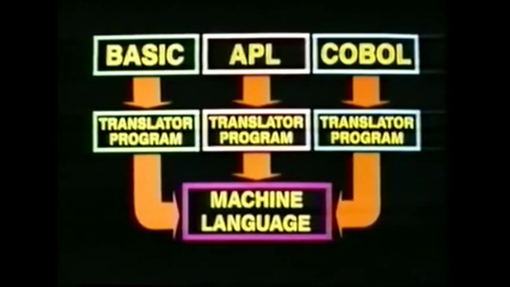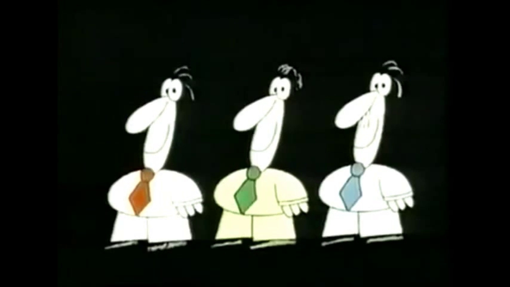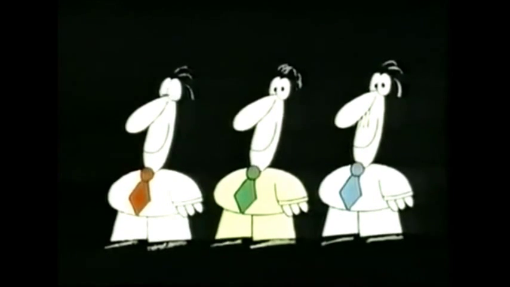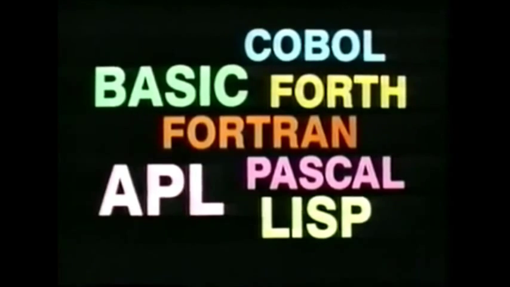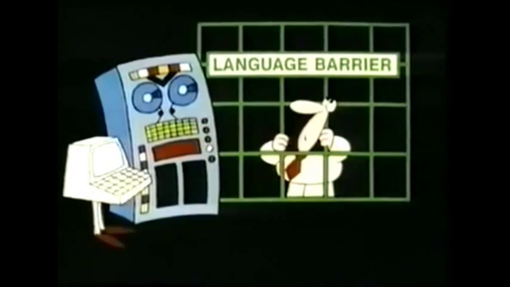And as soon as translator programs came into existence, people no longer had to speak machine language if they didn't want to. They could speak much more convenient languages such as BASIC or APL or COBOL or Fortran or Lisp or Pascal or Forth or any of hundreds of other specialized high-level languages that have developed over the years. The language barrier between computers and humans had broken down.